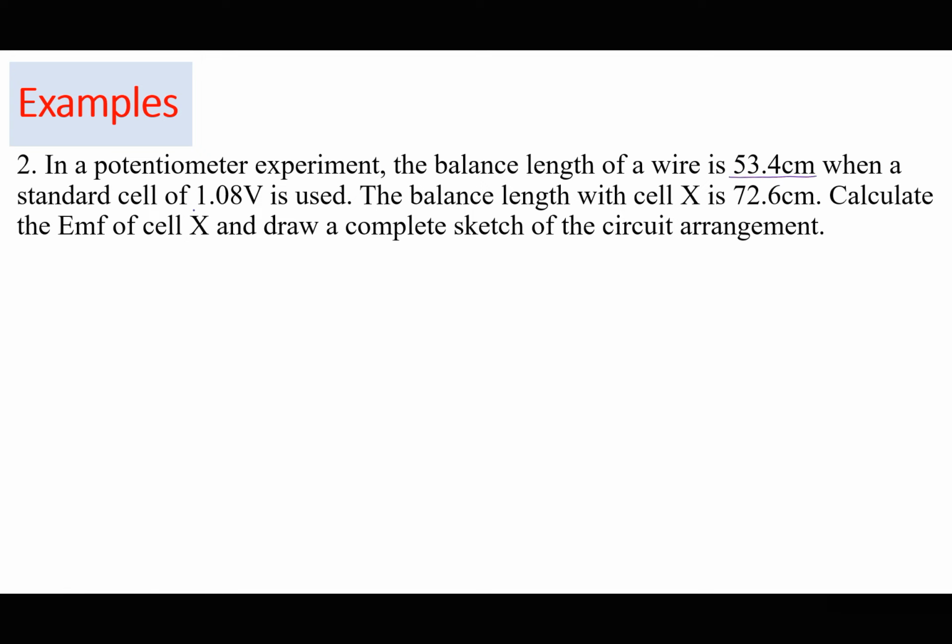No, I think that is wrong mathematics. I have to reverse this. I'm making EX the subject, so I have to get the reciprocals. So EX is going to be LX, which is 72.6, divided by LS, which is 53.4, times ES, which is 1.08 volts.